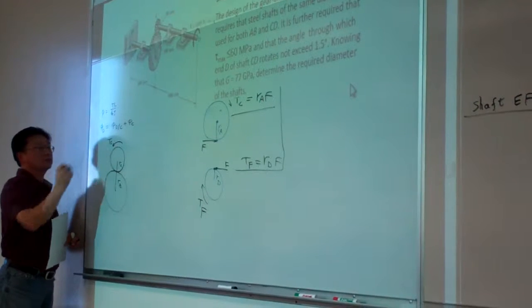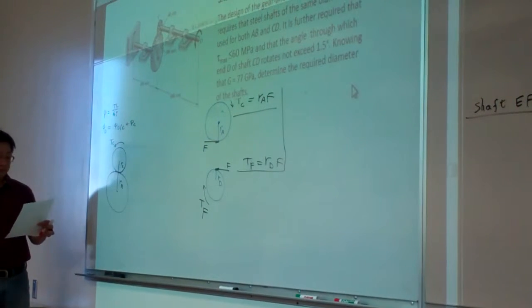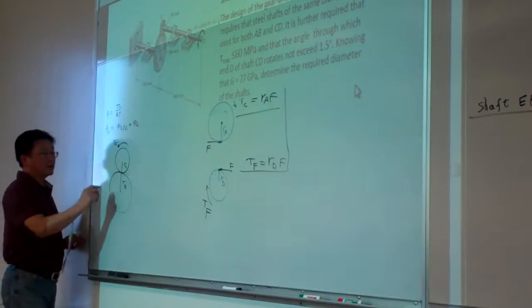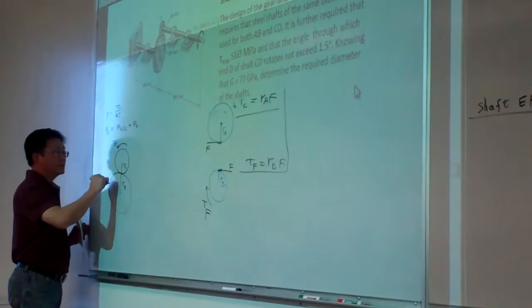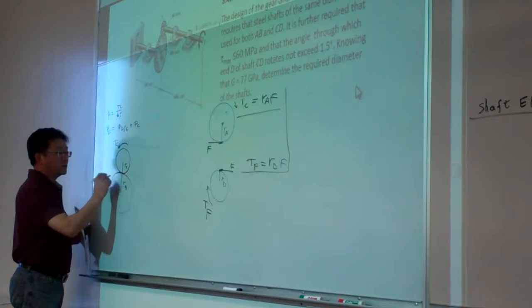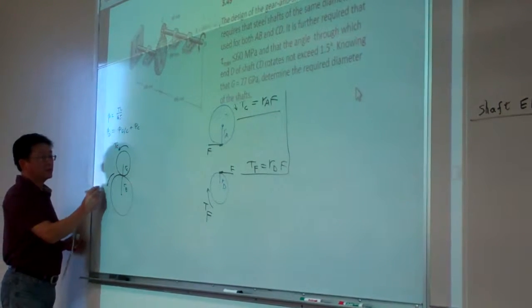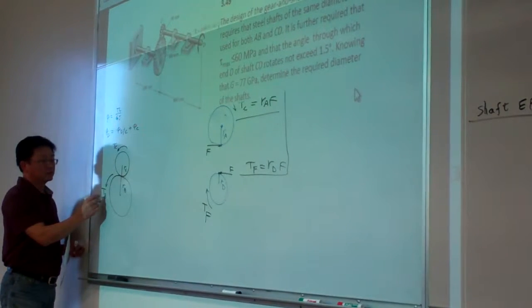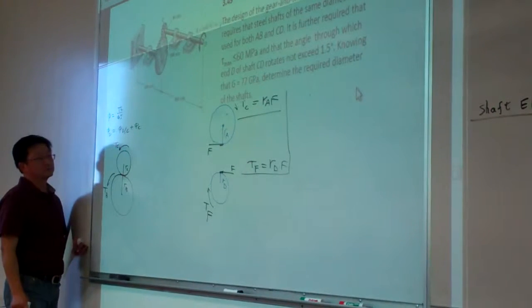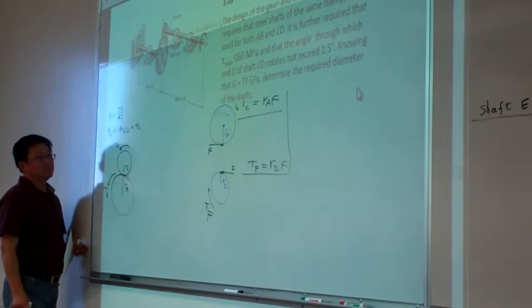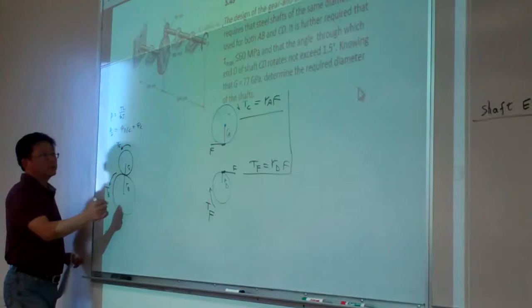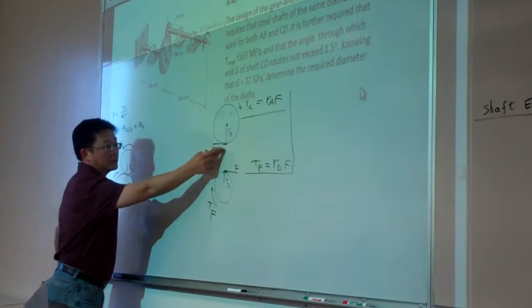Let me call it TC. And then this one in balance will go in that direction. So this will be TB transmitted to the gears. So the TC and TB are related, the same thing we just did before.